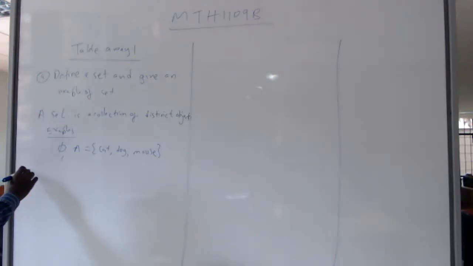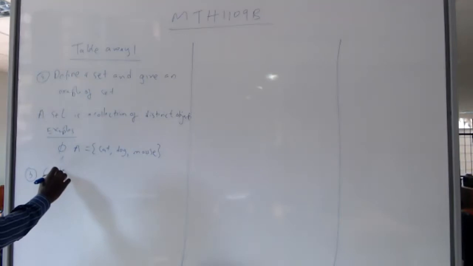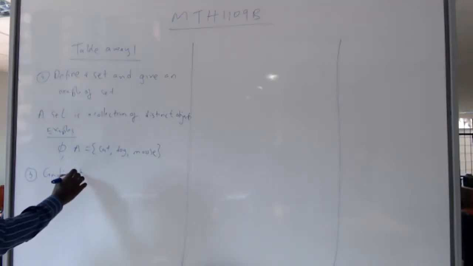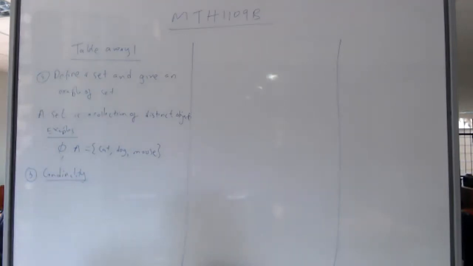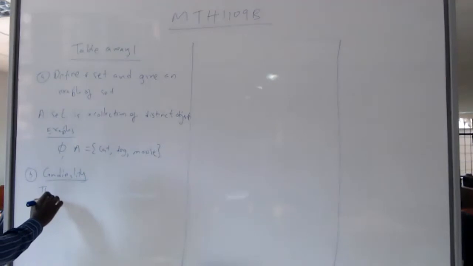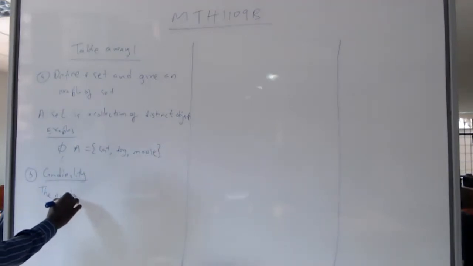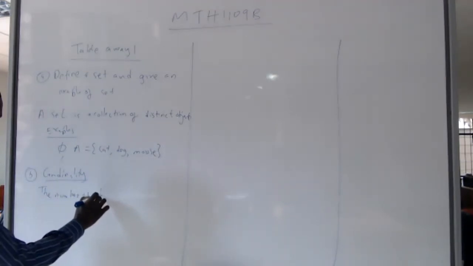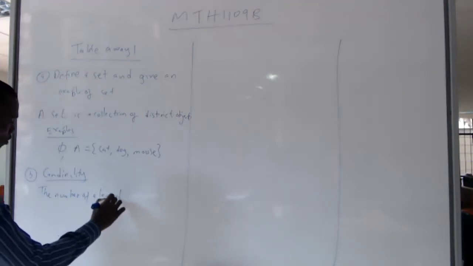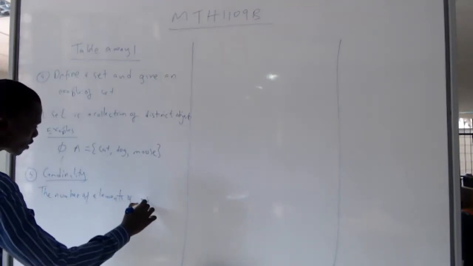Then the second question was to define the cardinality of a set. If you remember keenly, we define cardinality as the number of elements of a set.